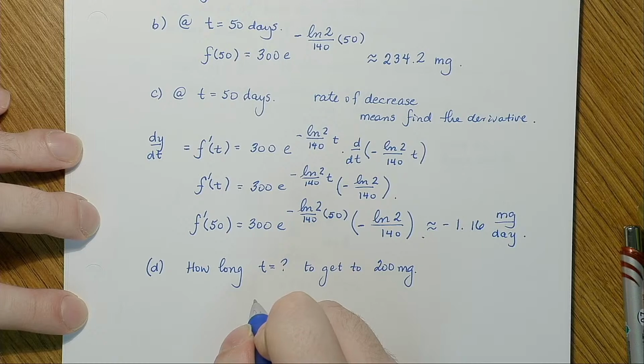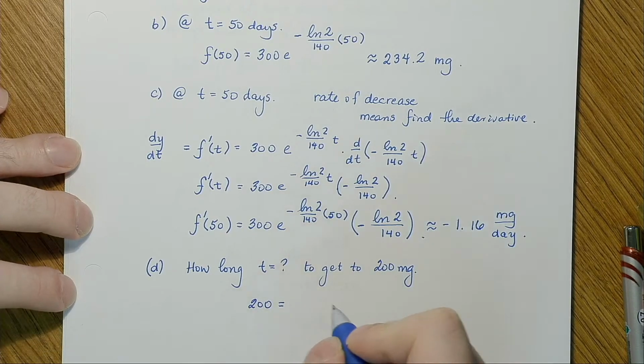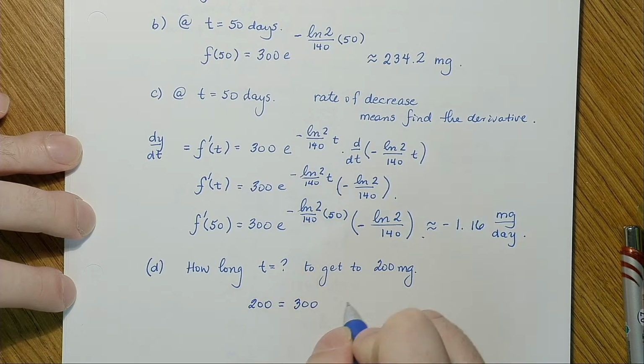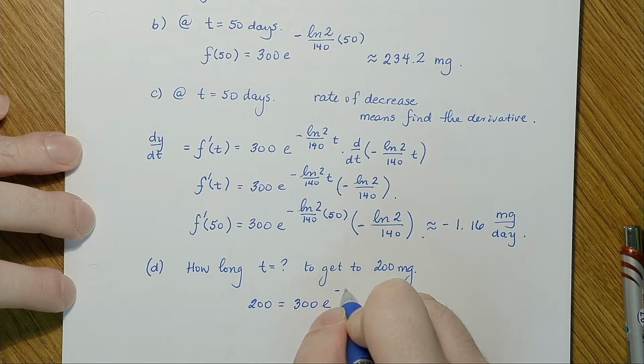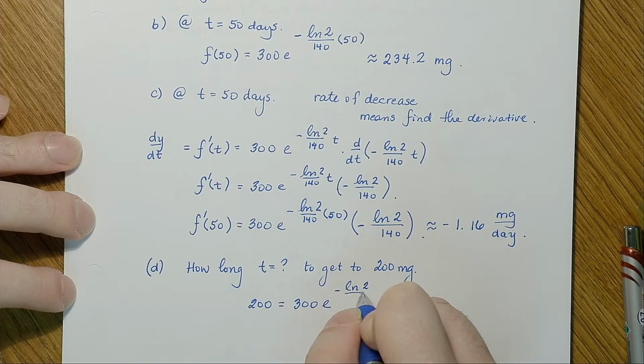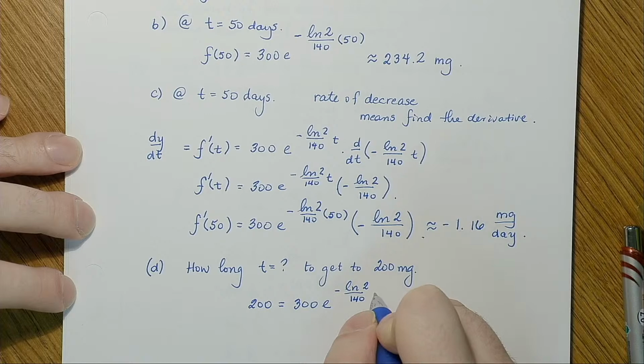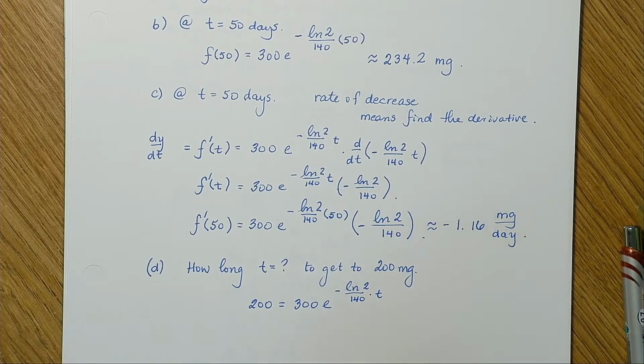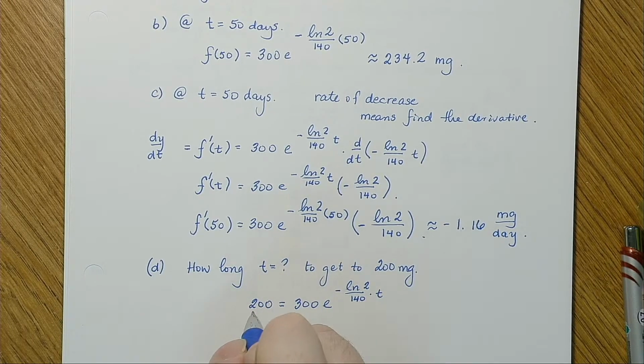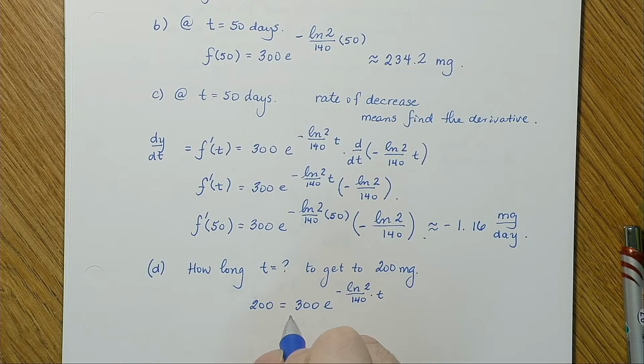So we have 200 milligrams is the amount that we want to get to. We have our function, e to the minus ln 2 over 140 times t. And what's the next thing we can do? We can divide by 300, get rid of this side.